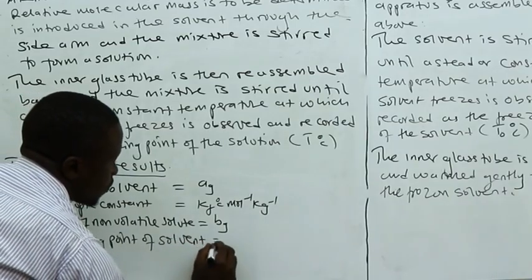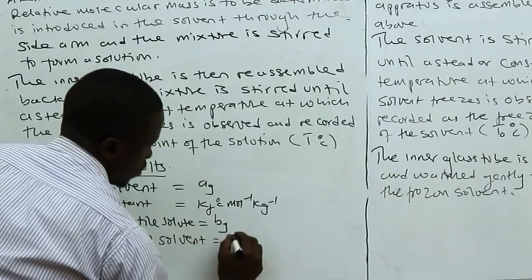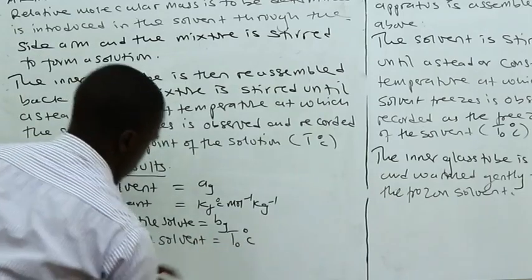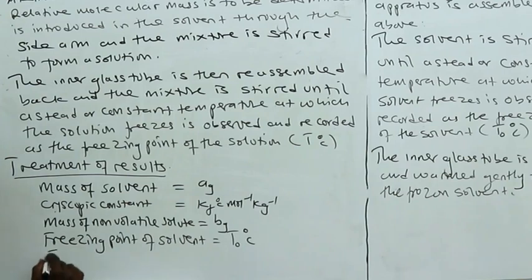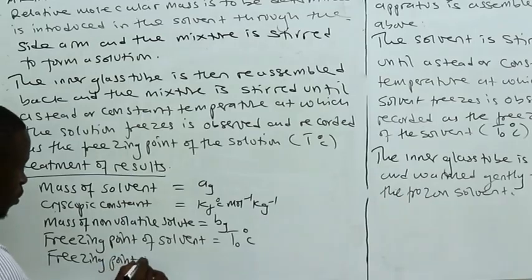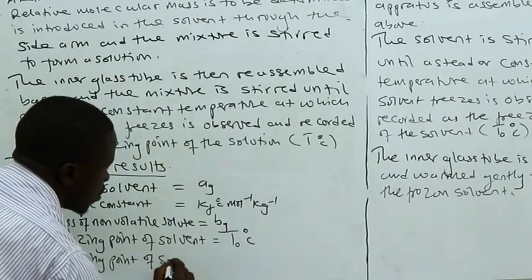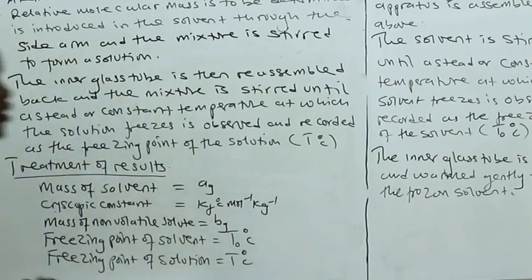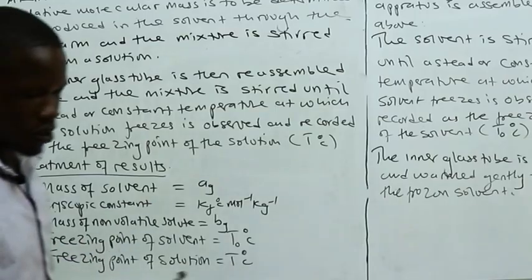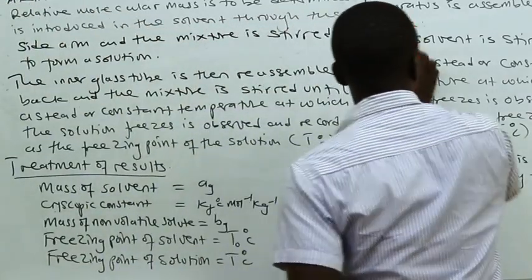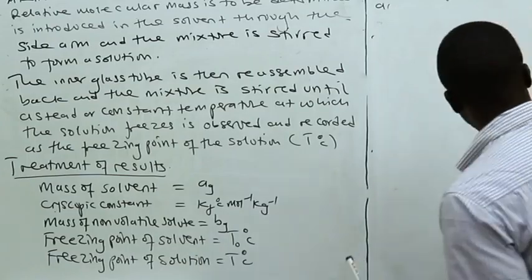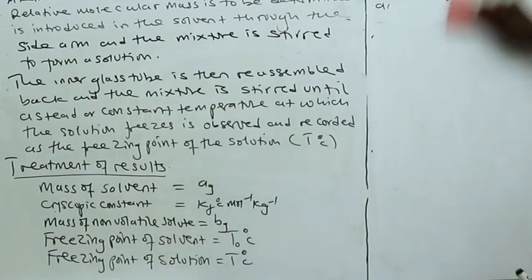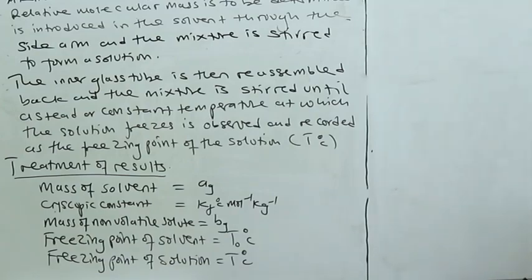Freezing point of the solvent is equal to T naught degrees Celsius. And then we know also the freezing point of the solution, which is T degrees Celsius. So after having all these results, we can now treat the results properly using the knowledge that we developed in the mathematical calculations that we had in the previous lessons.